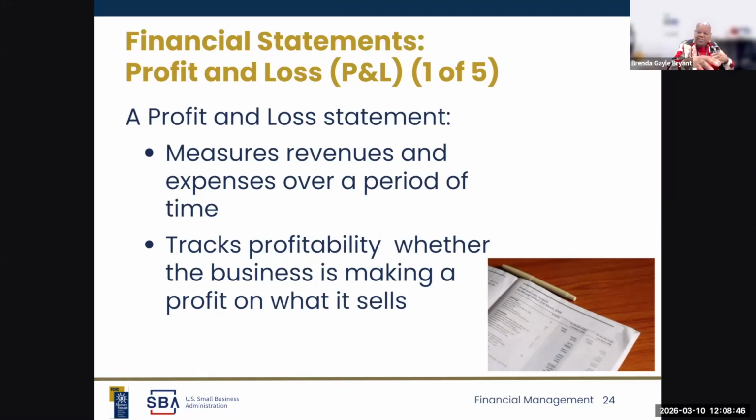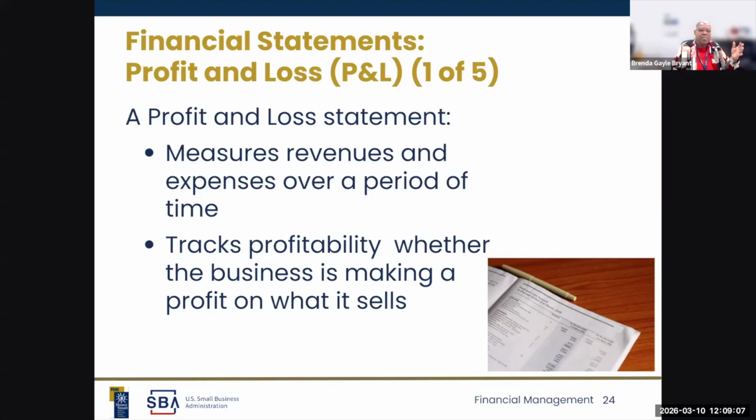It tells me what your assets are, what your liabilities are, and what your equity is. With a profit and loss statement, it's a little different. A profit and loss statement is not taking a snapshot of a particular point in time. It's kind of like a video camera.